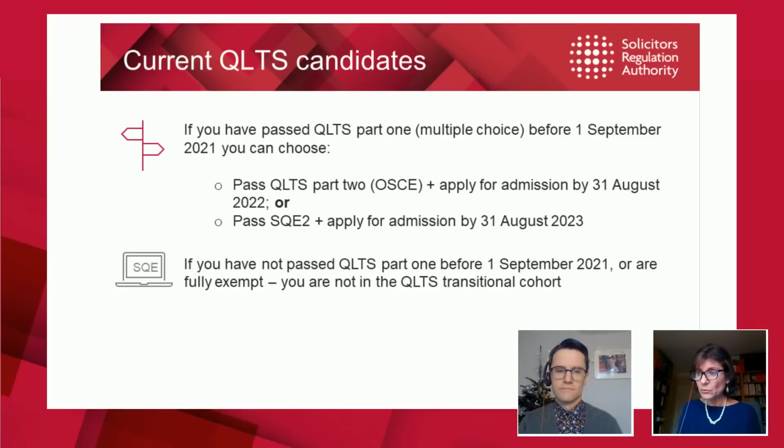Now, for that group of people, they are not in the QLTS transitional cohort because they have not yet taken any step in the QLTS. So if all they are is exempt from QLTS Part 1 and they haven't yet even embarked on the OSCE, then they are not in the transitional cohort. And so for those people, they must complete the OSCE by the 31st of August 2021.